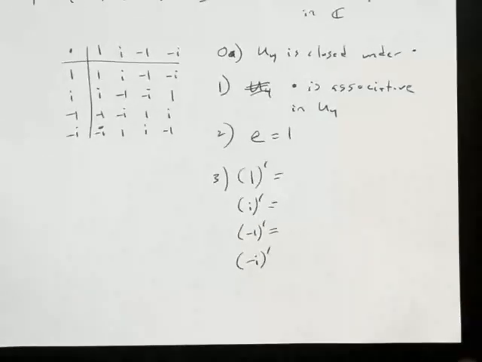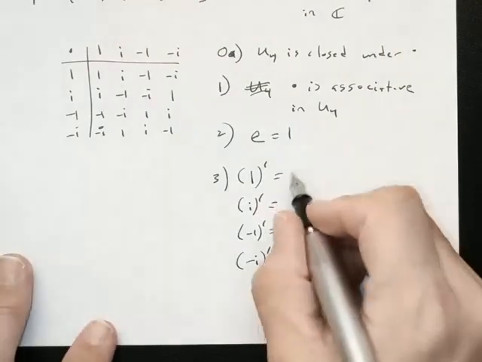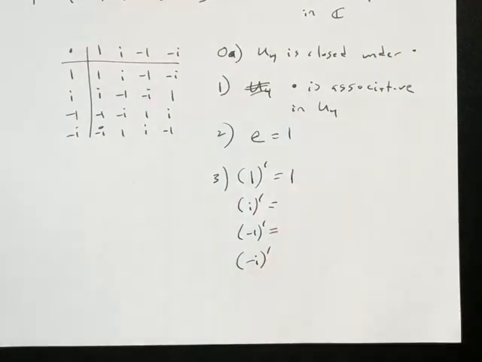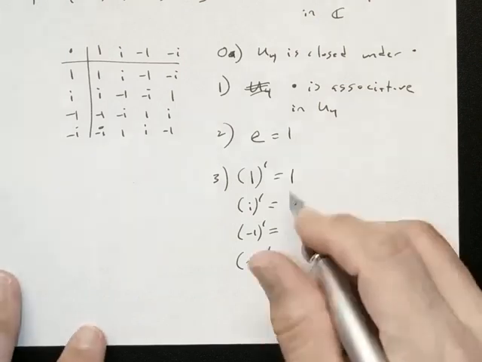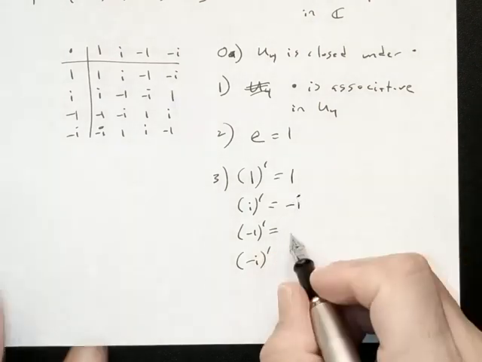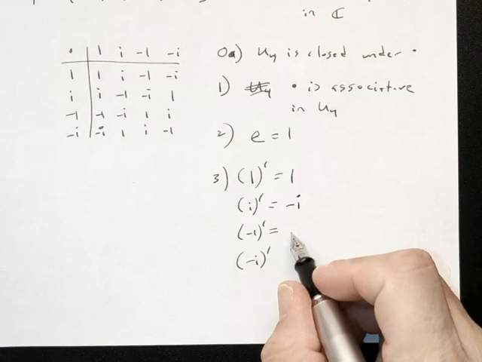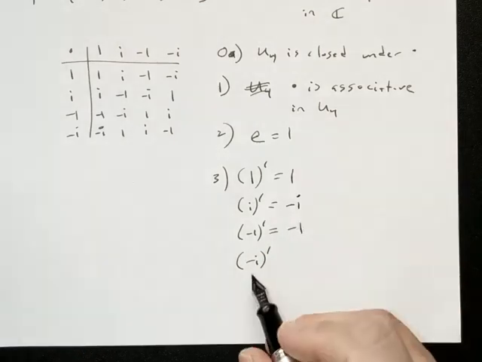And we've been using a prime. Again, I stole that notation from the book, but what times 1 gives me 1? Well, that's easy. What times i gives me 1? Negative i. What times negative 1 gives me 1? And then what times negative i?